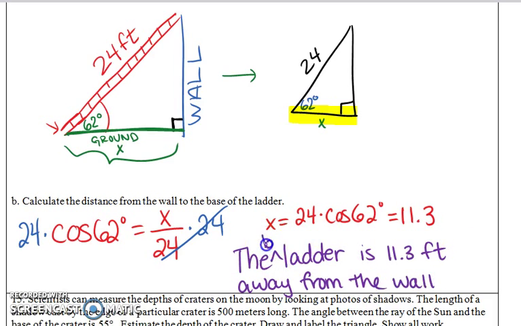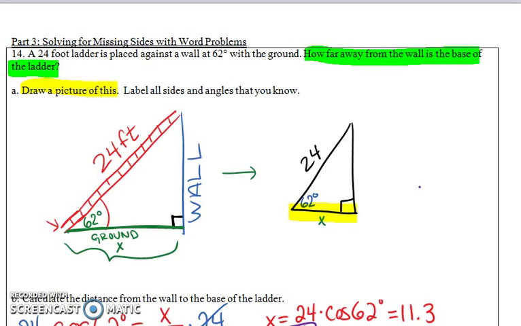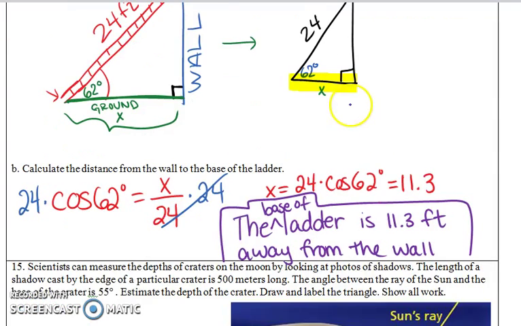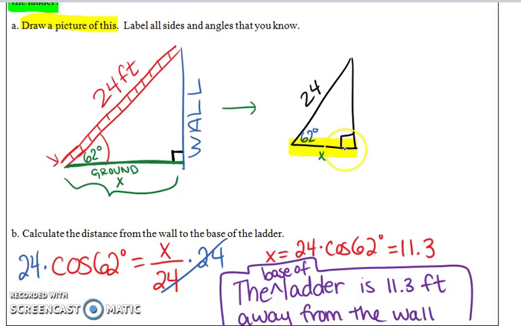I should maybe say the base of the ladder. The base of the ladder is 11.3 feet away from the wall. So again, draw a picture. Always label what you know. Translate that to a simpler triangle and then solve for the missing piece that you're asked to solve for.